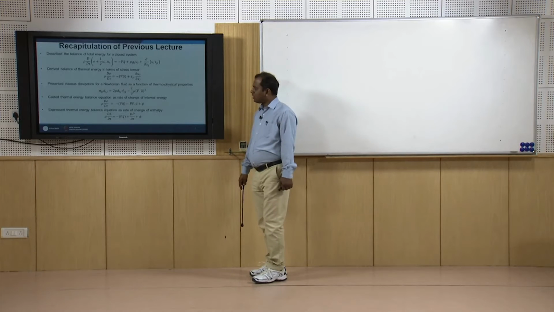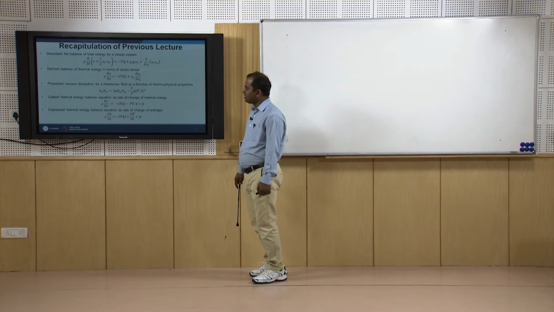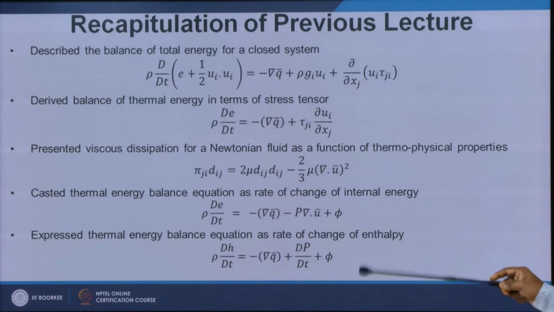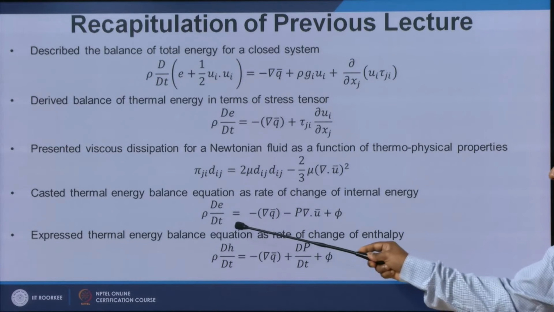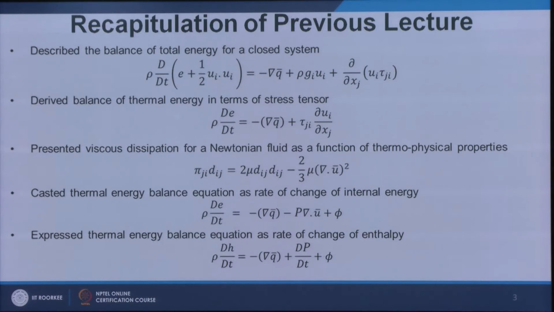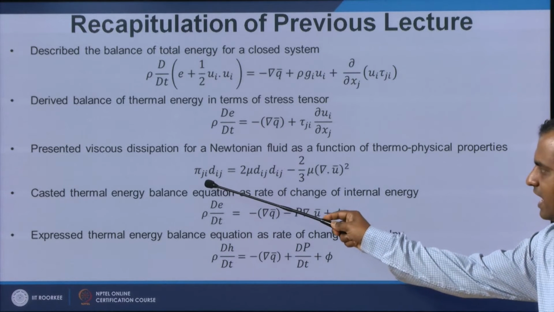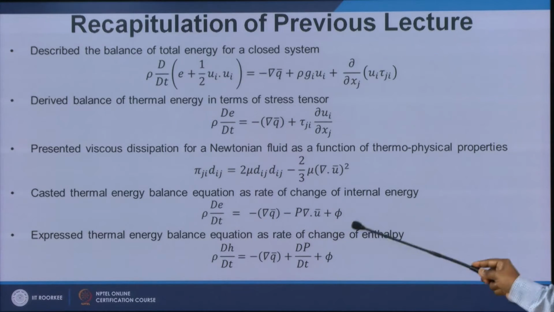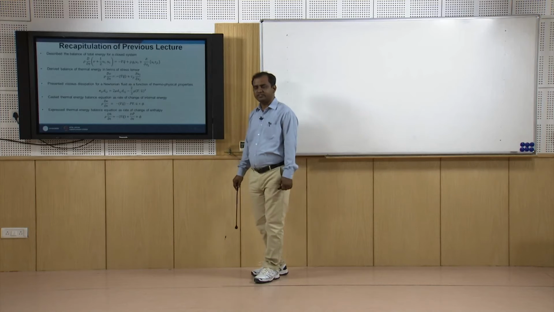We also derived further and showed how this equation can be cast in terms of the internal energy balance equation. Here you see E is the internal energy. The term which was there as pi_ji into D_ij we have kept here as phi, and we call that viscous dissipation.